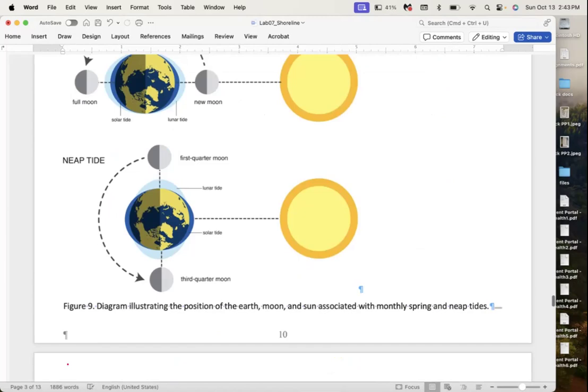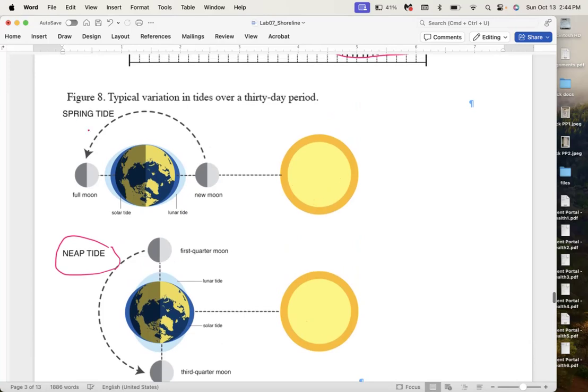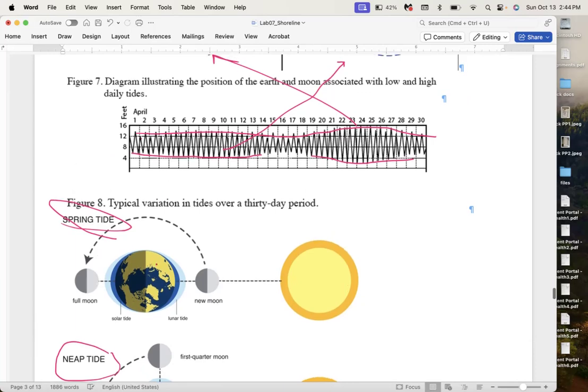It's talking about the Earth, Moon, and Sun associated with what are called spring and neap tides. So when it's in this position with the first quarter here and the third quarter over here, they're not aligned. This is called the neap tide. And the high tide situation is called the spring tide. So in this case, this would be the spring tide, and this one down here would be the neap tide.